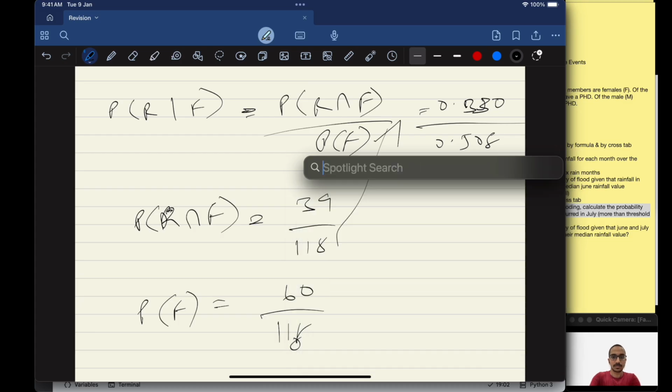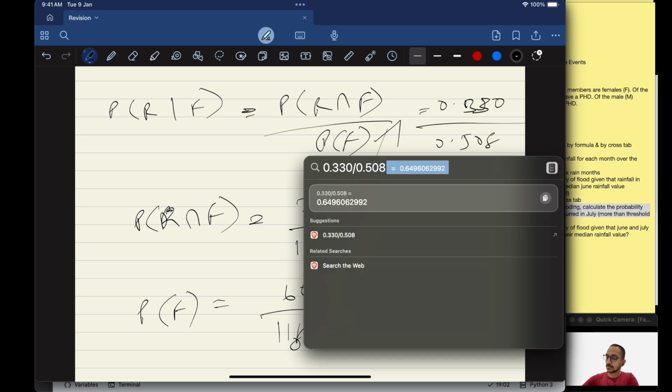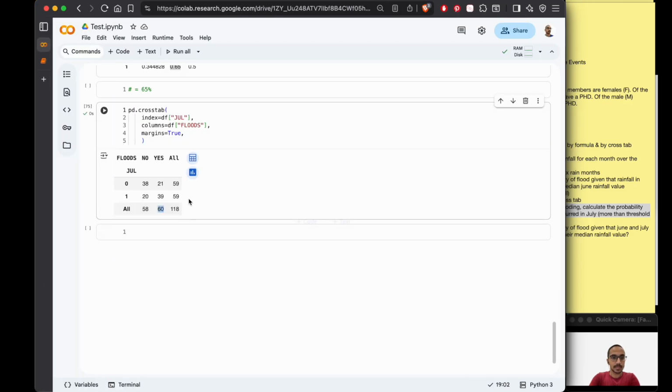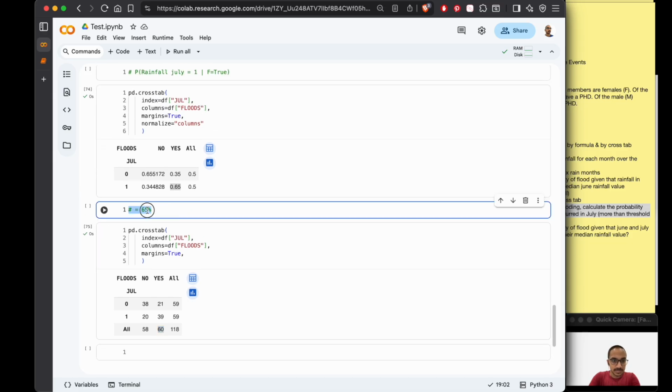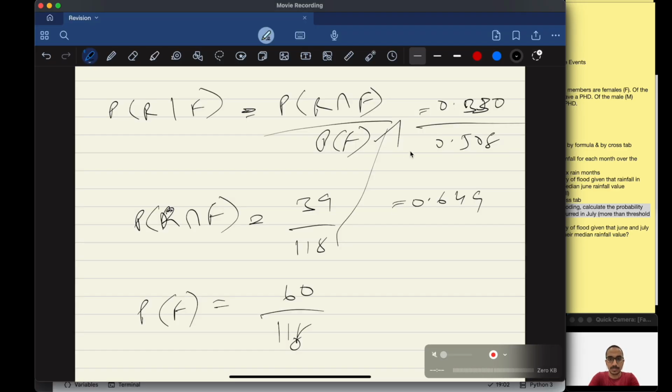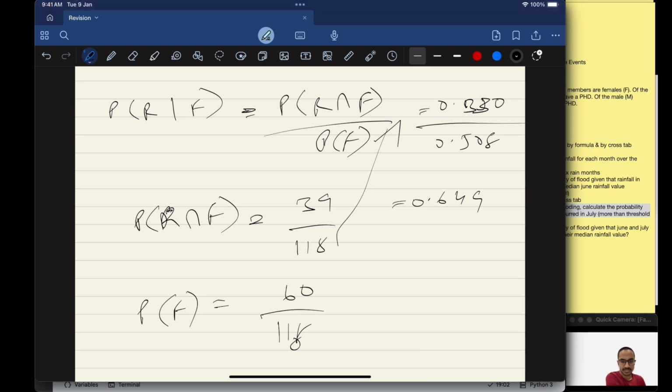So that would come to what? 0.330 over 0.508. That came to 0.64, which is close to 65, right? Close to 65, pretty much pretty close. So that is how you calculate 0.649. We could get closer number, but we chose to ignore the rest of the values, right? So that's fine. That is how you get this one.